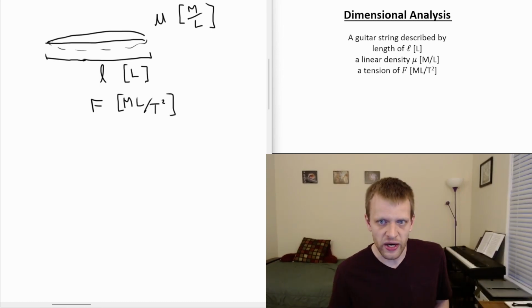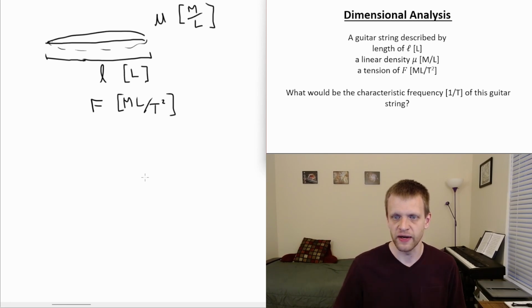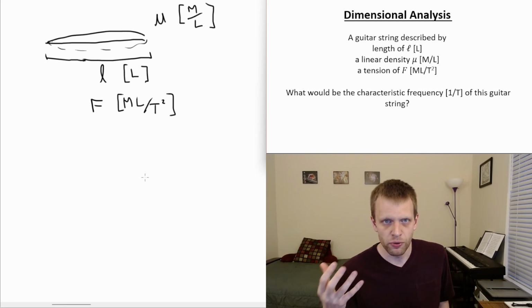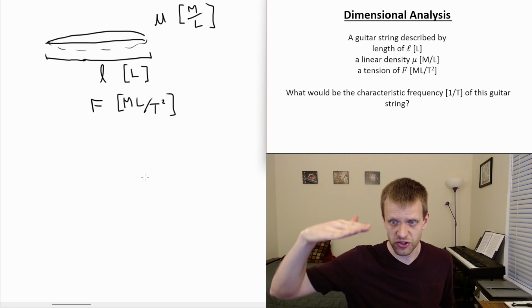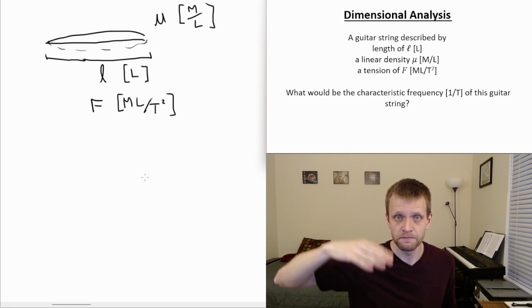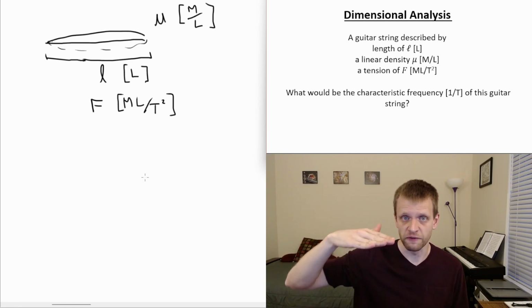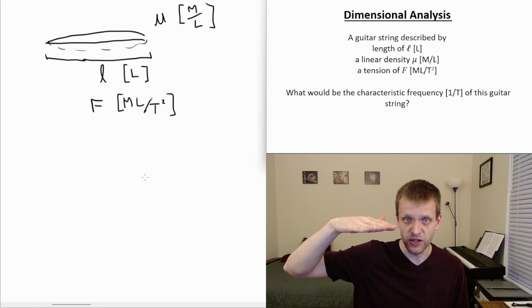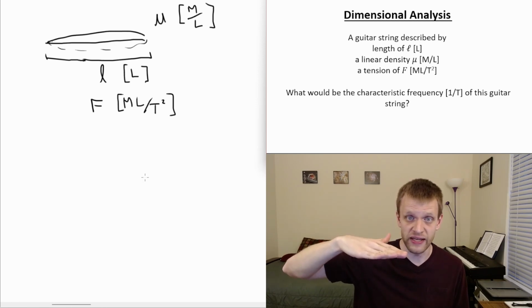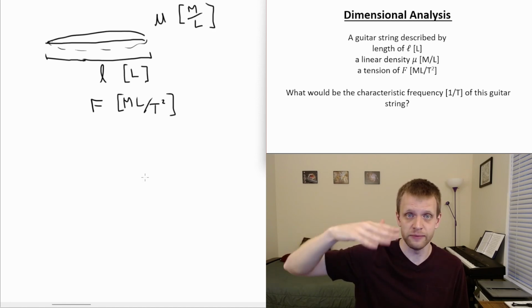And suppose I want to look at this guitar string and identify what is the approximate frequency that this guitar string is going to vibrate at. Is it going to vibrate a couple times a second? Is it going to vibrate thousands of times a second? Is it going to vibrate only a couple times every week?